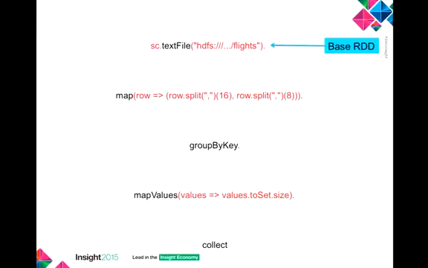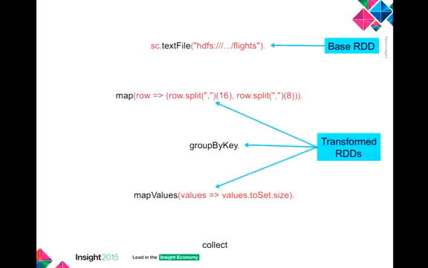The top level node in this graph or pipeline is a base RDD, and at this stage, an RDD is nothing but a node in your graph. It's really the base RDD. It's more than that, and I'm going to get to that on the next slide. But starting from that base RDD, you can transform that data into other RDDs. You call these transformed RDDs until you're ready to return the data back to the client.